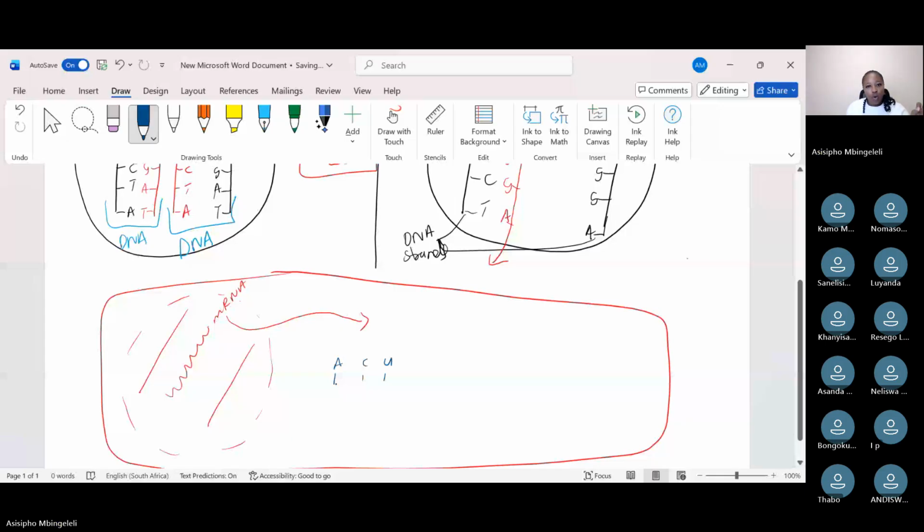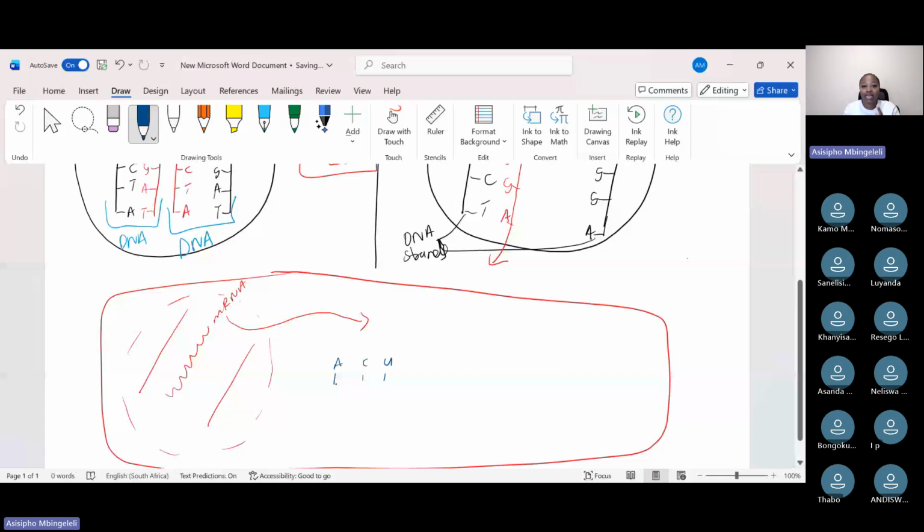Now, at this stage of protein synthesis, this is now translation. We are done with transcription. We made our messenger RNA, it moved out of the nucleus, done with transcription. Now, the messenger RNA, the same one that was made in the nucleus, has now attached itself to the ribosome.